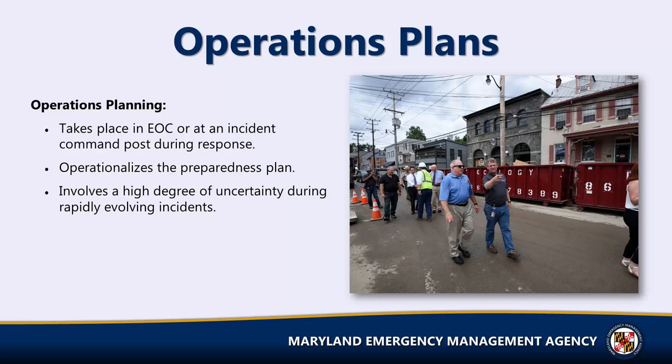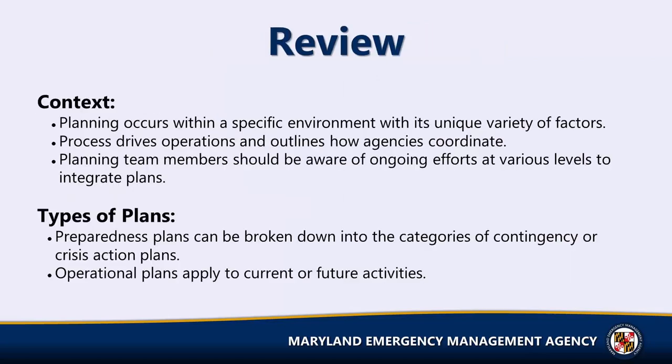Operations planning, especially for current planning operations, typically focuses on the upcoming 12-hour operational period. Operations planning tends to be more granular, focusing on just the tasks needed for a short period of time. This slide reviews the key items discussed in this section, including context of planning and the types of plans that planners may be asked to produce.